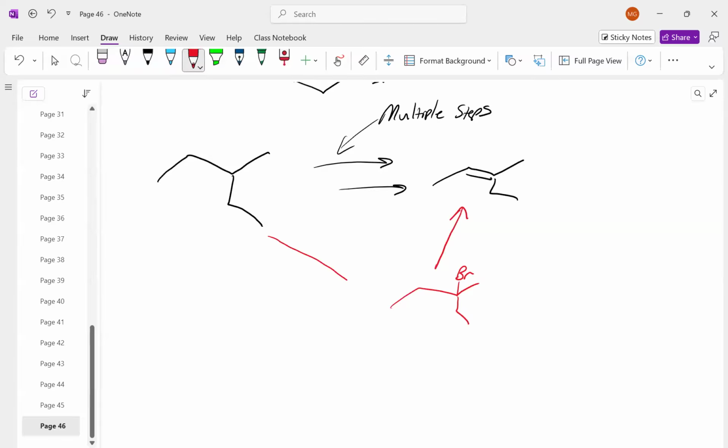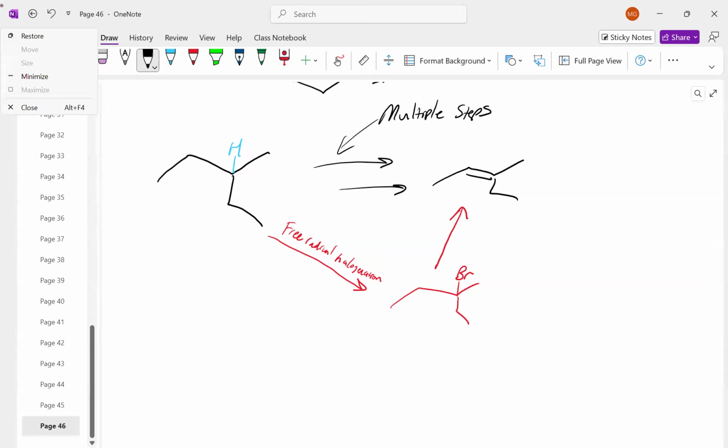Do I know a way to go from an alkane to an alkyl halide? Yeah, we spent a lot of time on that. We looked at free radical halogenation. We can replace this tertiary hydrogen here with a halogen by doing a free radical halogenation. So we have this pathway now. By going backwards, we did this retrosynthesis. Now all we have to do is outline the specific reactions that will accomplish this.